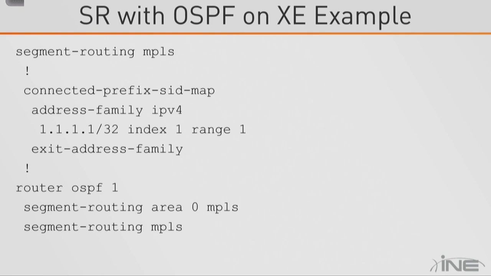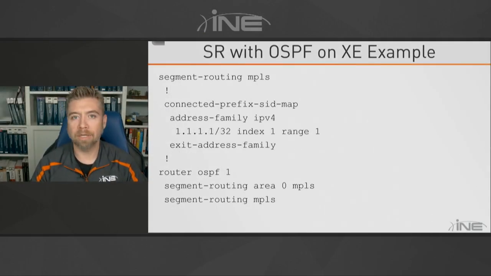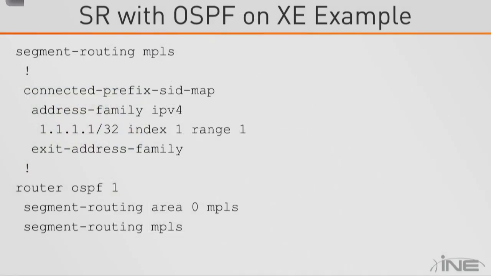Okay, a basic look at the config here. You can see that there's not a ton going on. There's a new global mode that is segment routing for MPLS. We go to the connected prefix SID map under address family IP version 4 or IP version 6, depending on which you're using. In this case, we're doing v4. Router 1 is advertising its loopback 1.1.1.1/32, and it says it's using an index value of 1.